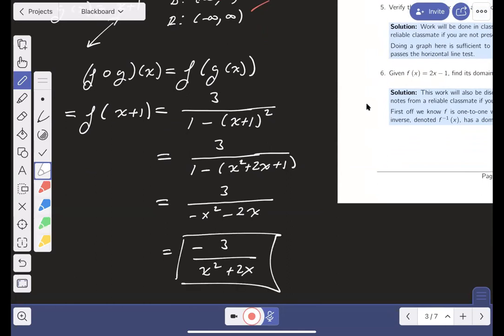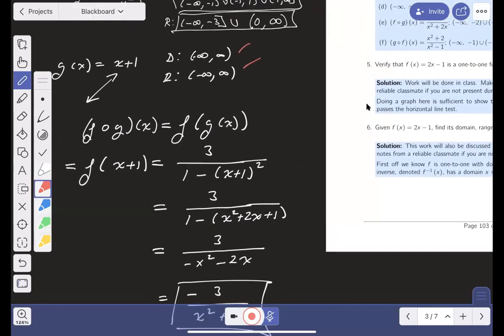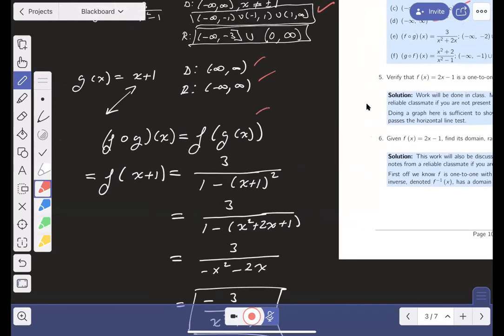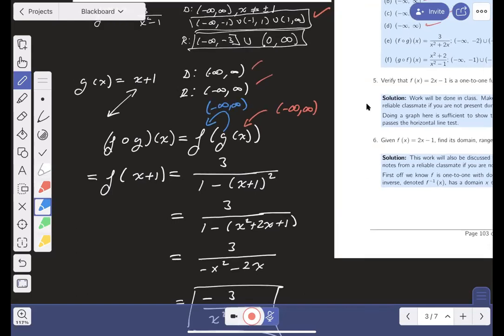All right. Now, again, before I look at the answer key, I want to do this domain business for you. And then the question becomes, who does G let in? Everyone. Who does G spit out? Everyone. Can F handle it?